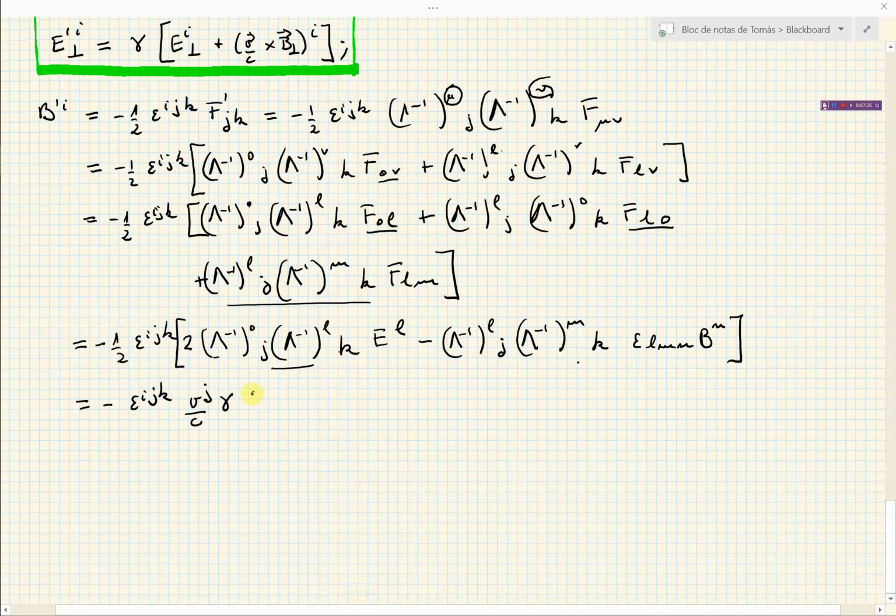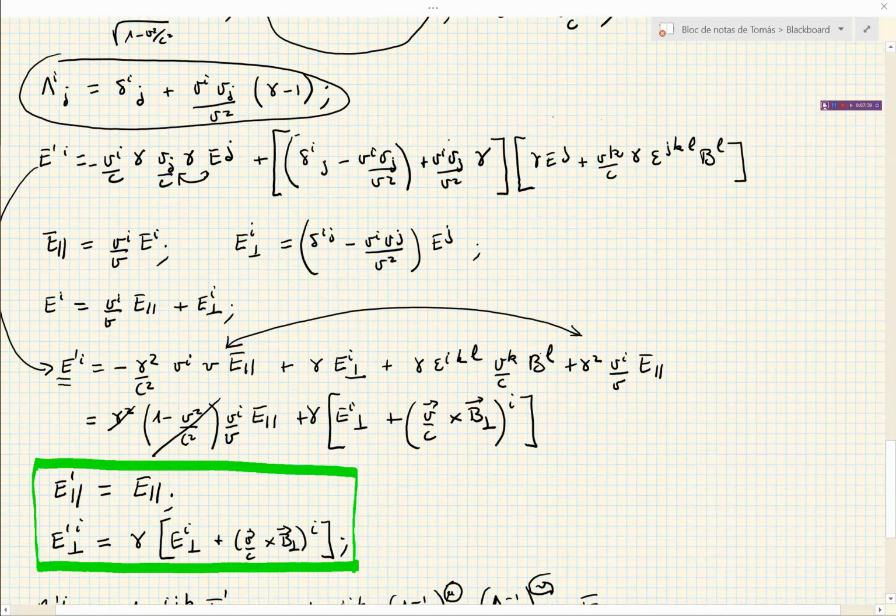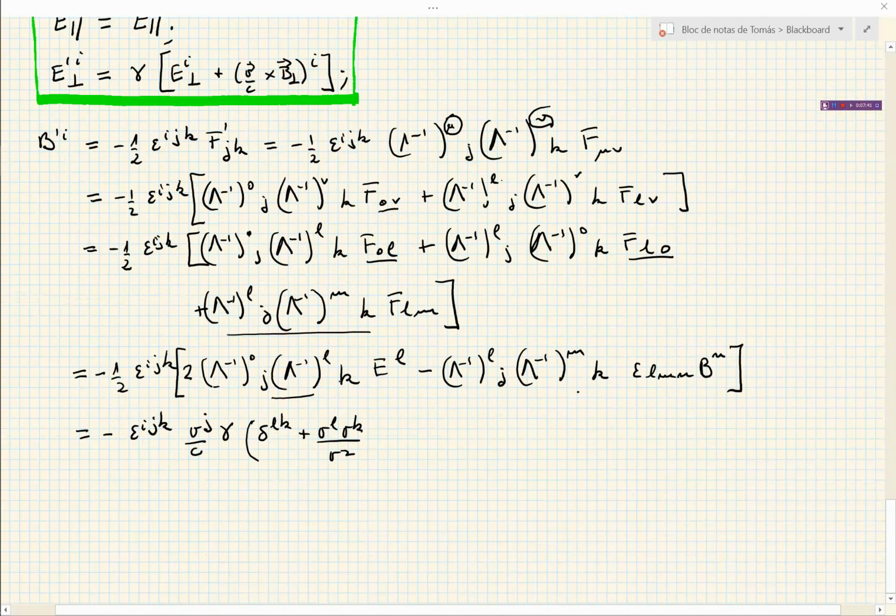So this is delta Lk plus VL Vk over v squared, which multiplies gamma minus 1. Gamma minus 1.